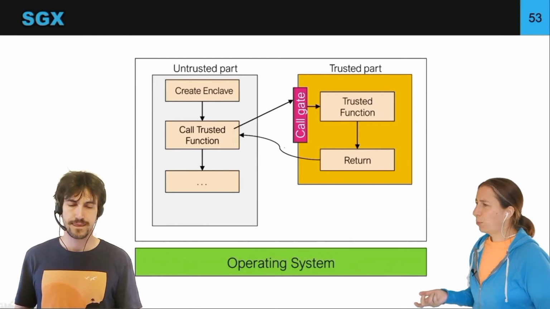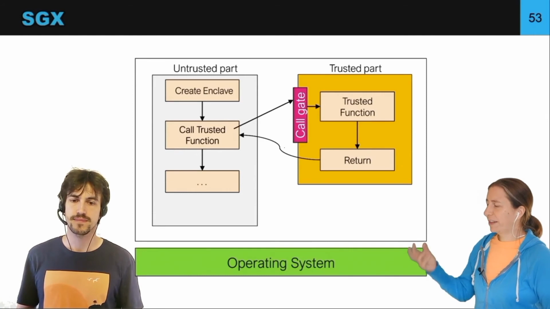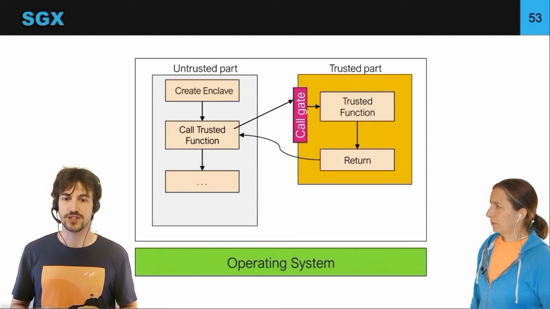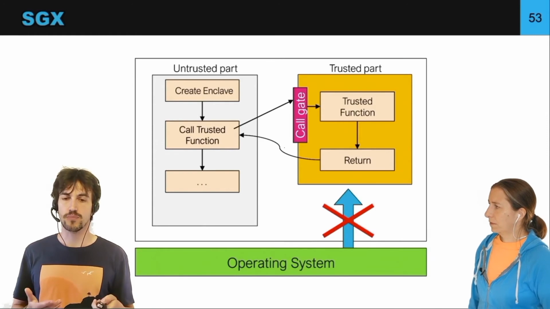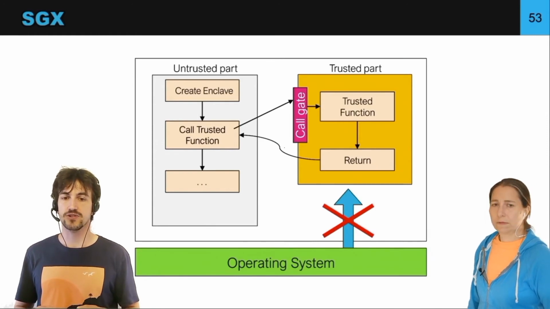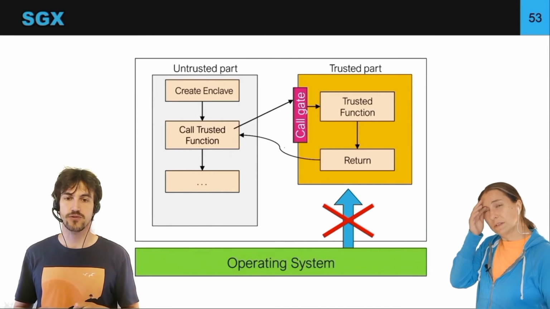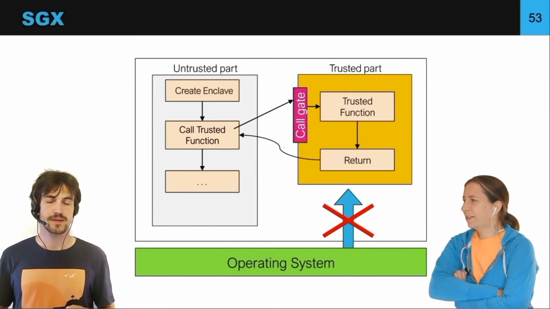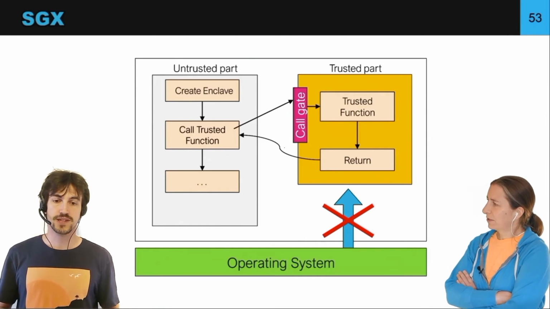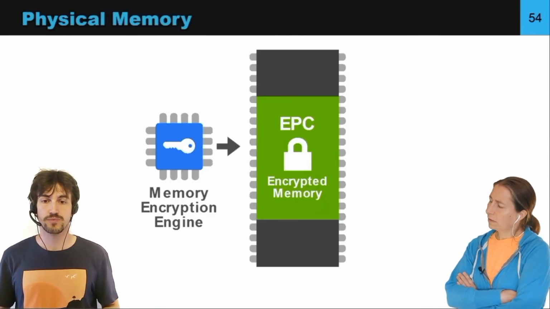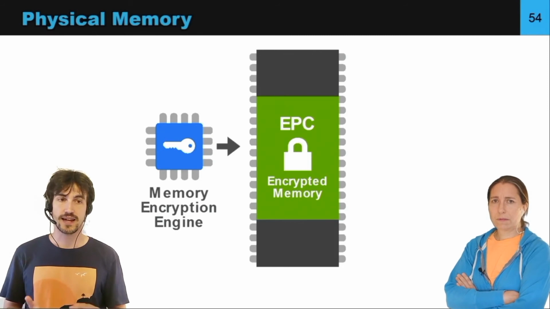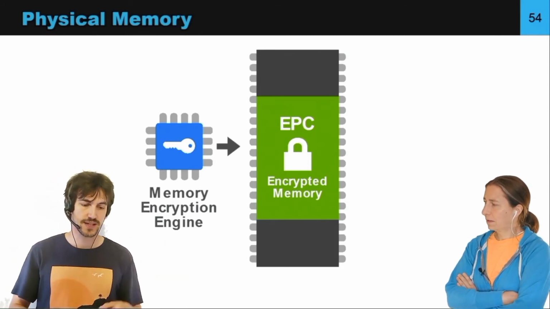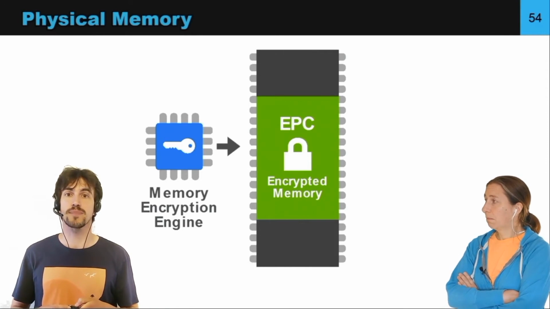But if you're the operating system, can't you just look at the data anyway? No, that's a crucial part of SGX. Even the operating system is untrusted, and the operating system cannot read the enclave memory. So how is it protected then? It uses something called the memory encryption engine that encrypts and integrity protects all the data that is written to external DRAM.